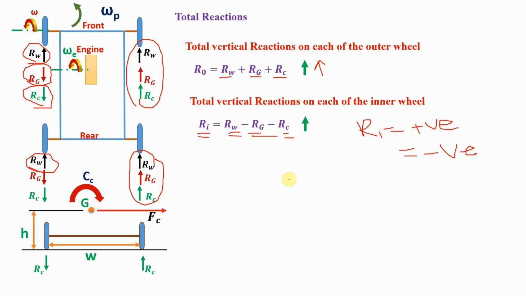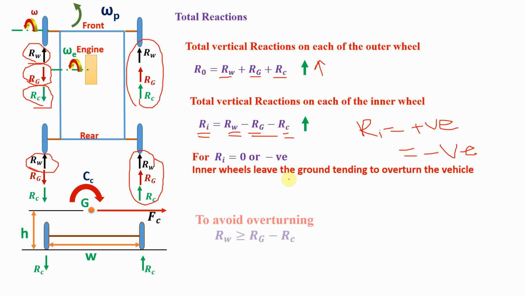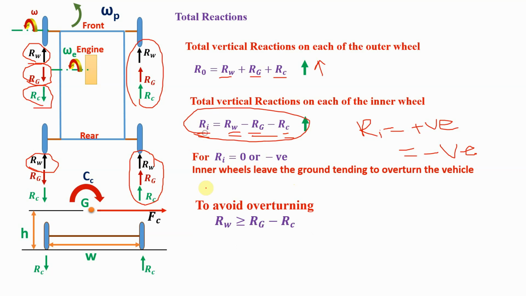Ri should always be positive in order to avoid the slip. So for this case, which we have discussed, to avoid the overturning of the vehicle, Rw must always be greater than or equal to Rg plus Rc.